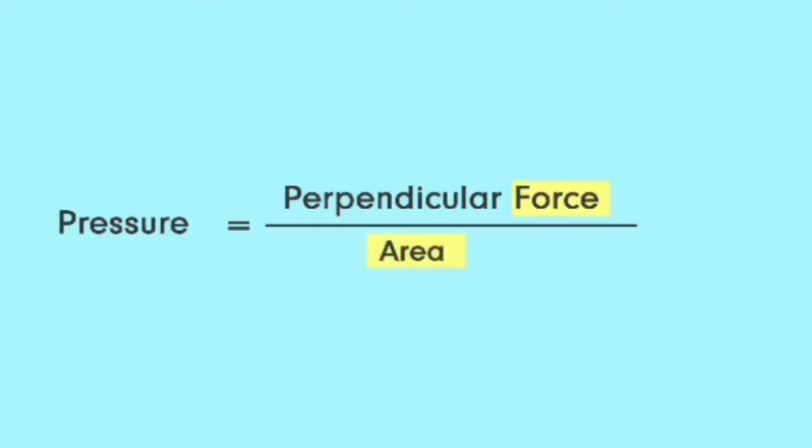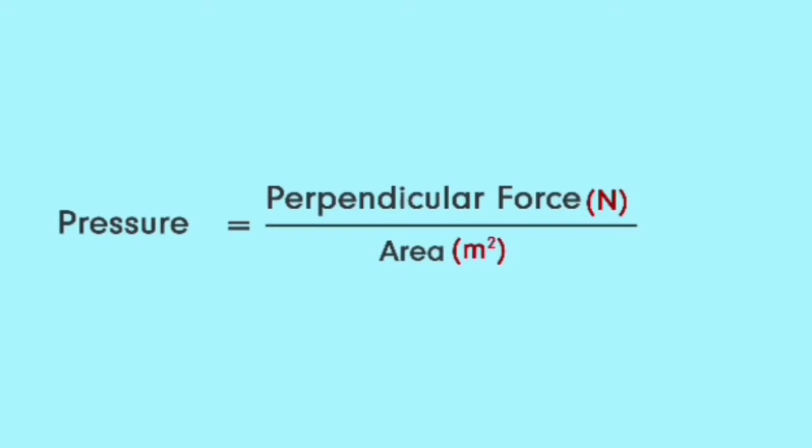The SI unit of force is Newton, which is denoted by the capital letter N, and that of the area is m square. So the SI unit of pressure is Newton per meter square, which is also called Pascal, denoted by Pa.